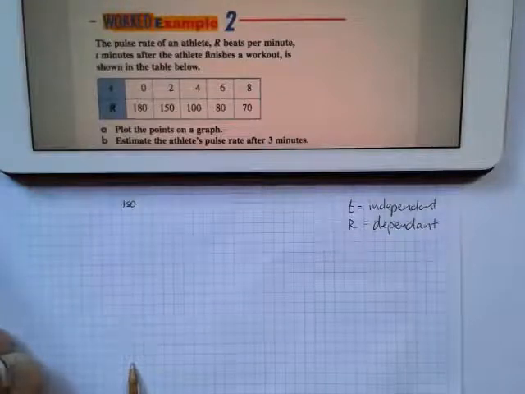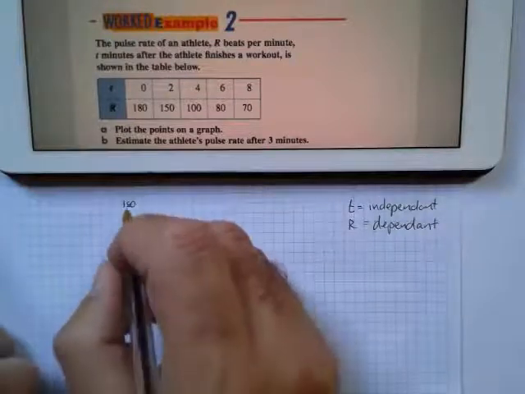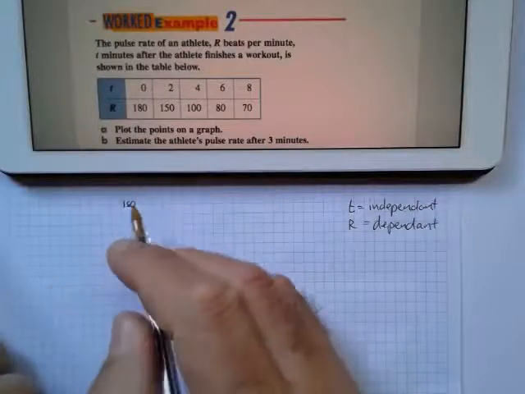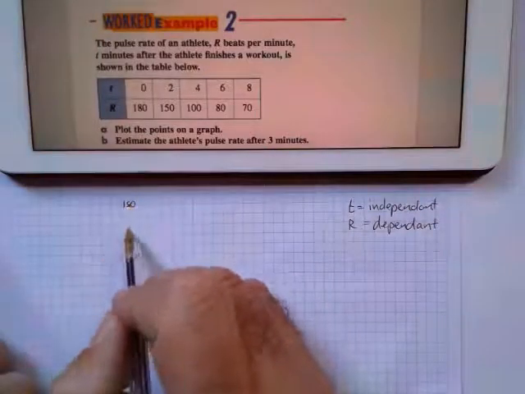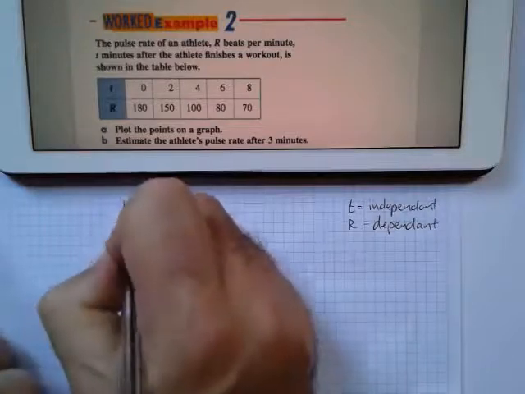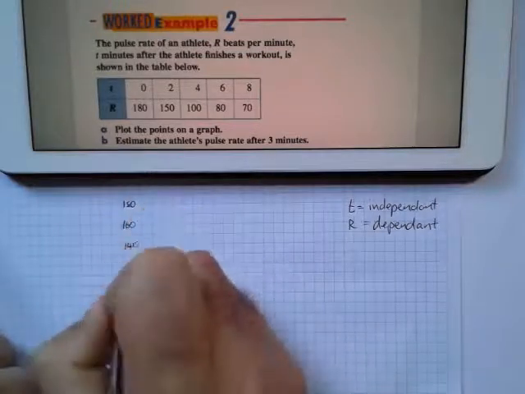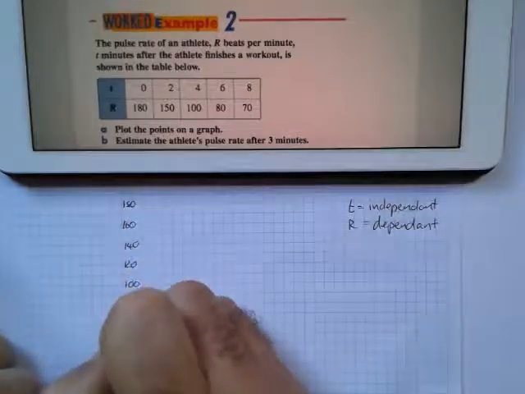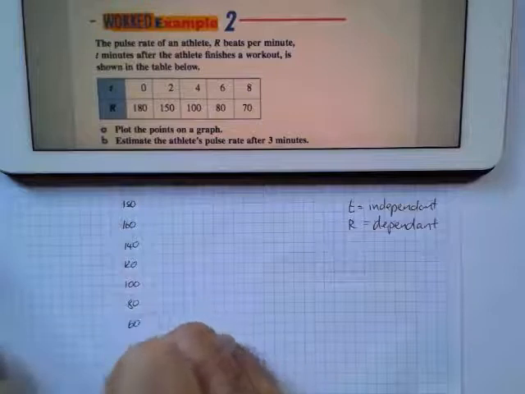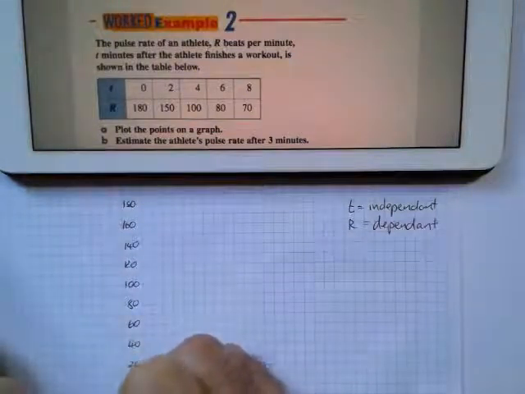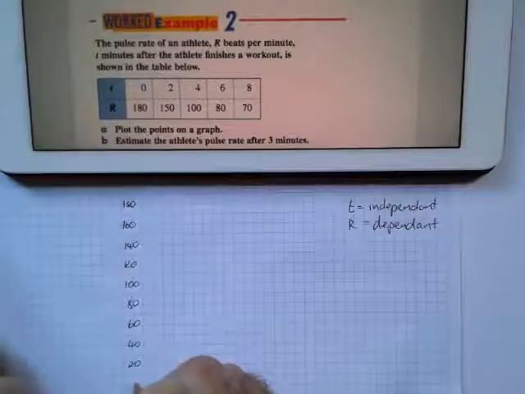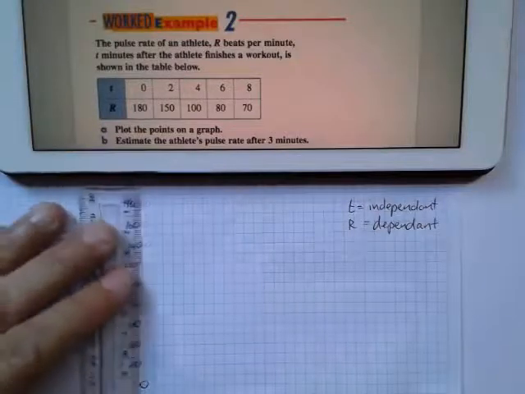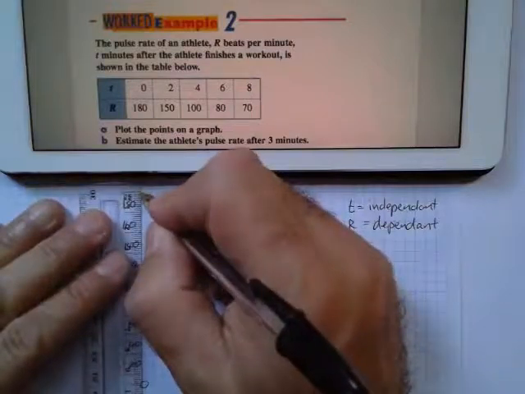So to do that properly, I'm going to work in 20s. So 180, 160, 140, 120, 100, 80, 60, 40, 20, and then 0. That fitted like a glove.